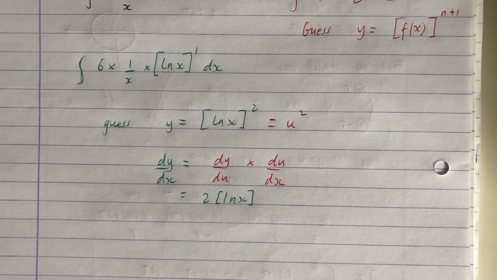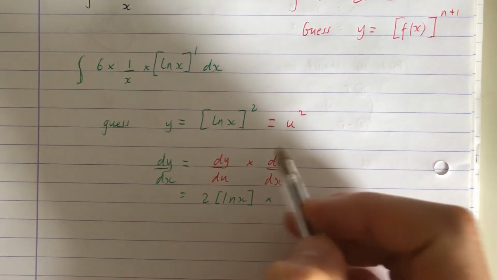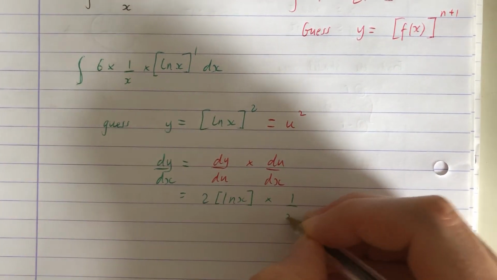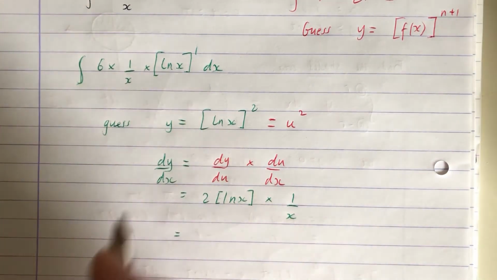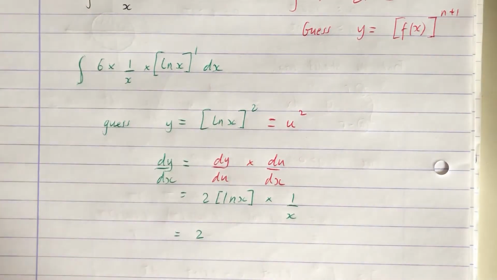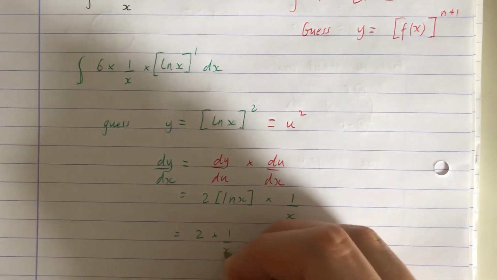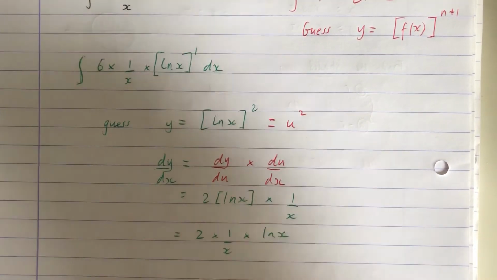But to complete the differentiation, you've got to times by du by dx, which is 1 over x. And if I simplify that, or rewrite it to compare it to above, I get 2 times 1 over x times ln x.